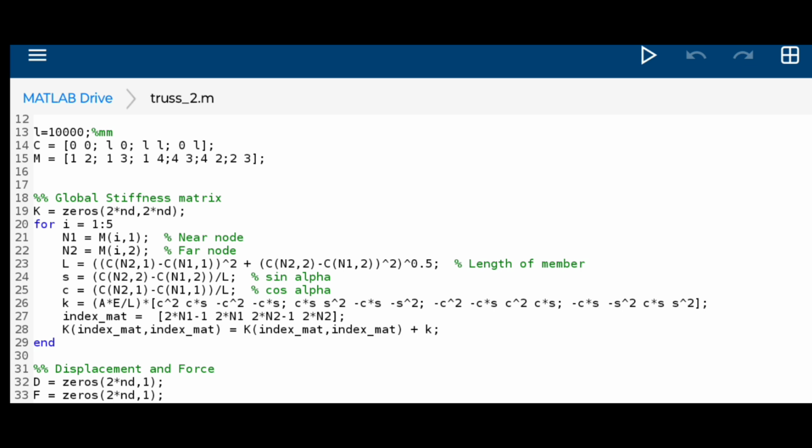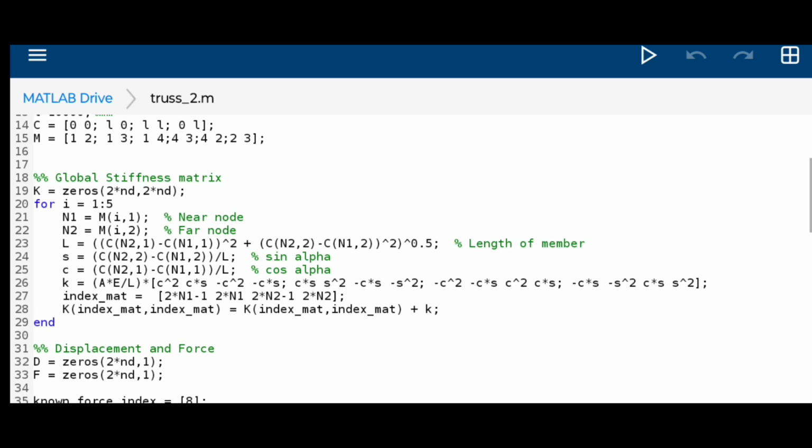Second row, first column: L minus 0, where n11 is 0. So we get L square, and this will get us the length. So x2 minus x1 square plus y2 minus y1 square, and the whole thing is under the root.